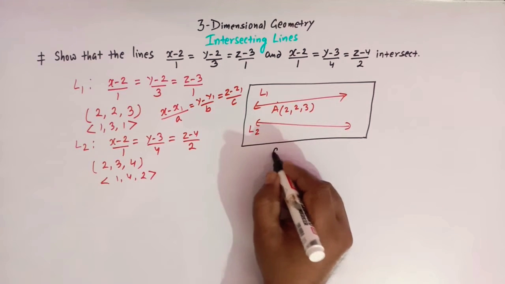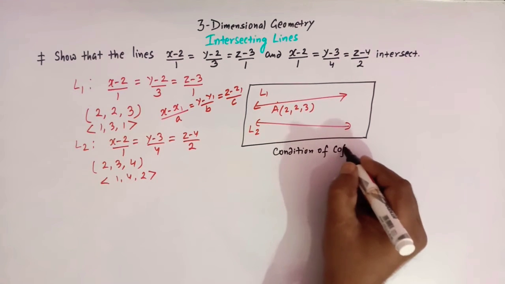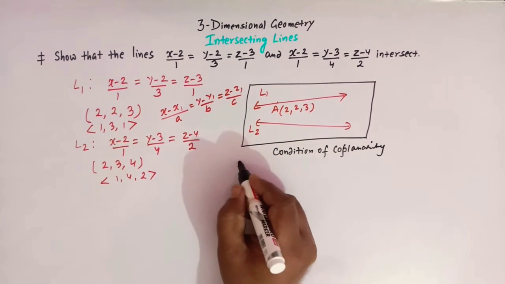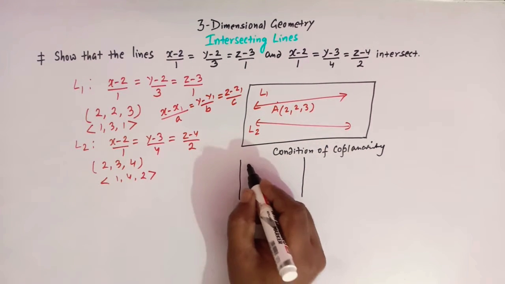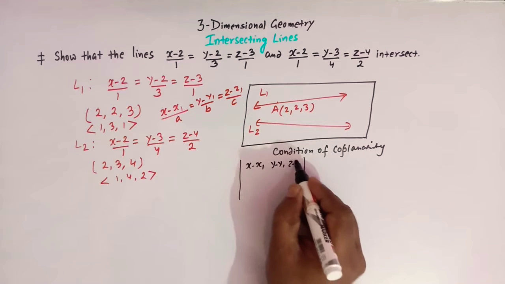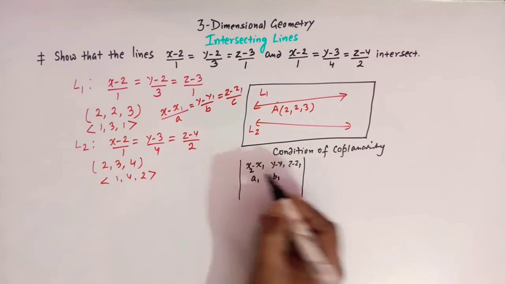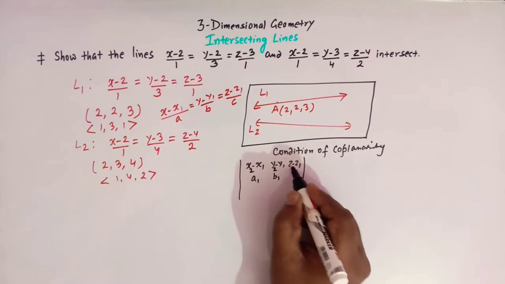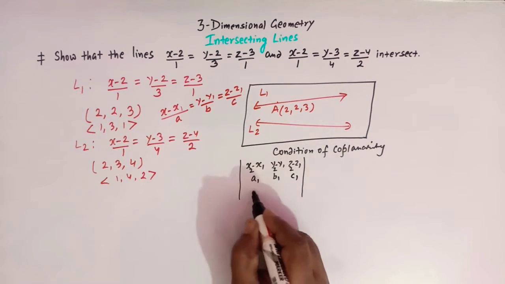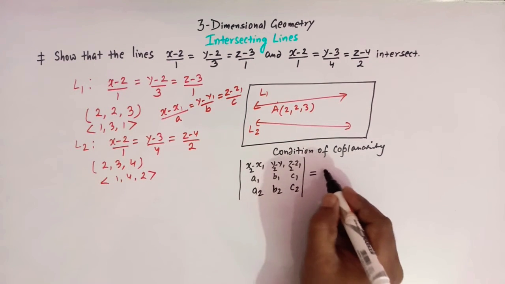Now viewers, the condition of coplanarity of two lines L1 and L2 is given by the determinant with rows (x2 minus x1, y2 minus y1, z2 minus z1), (a1, b1, c1) and (a2, b2, c2), and this determinant should be equal to 0.